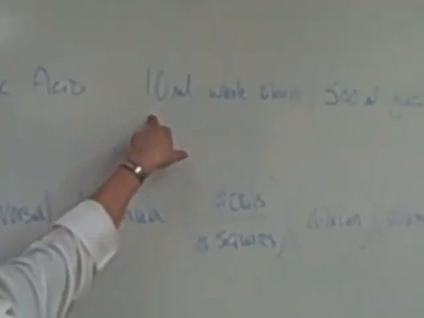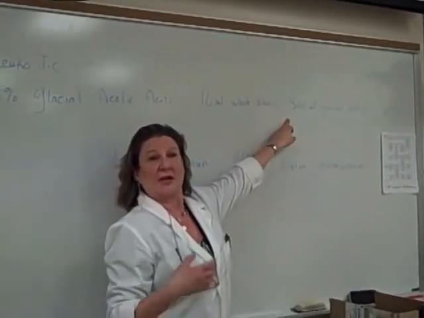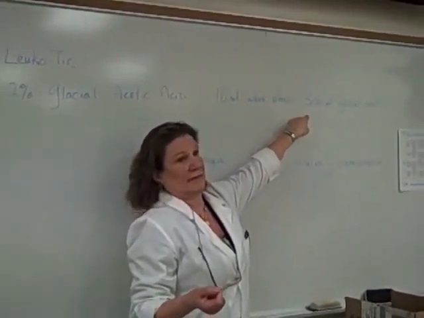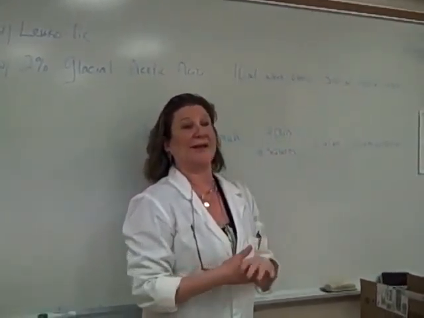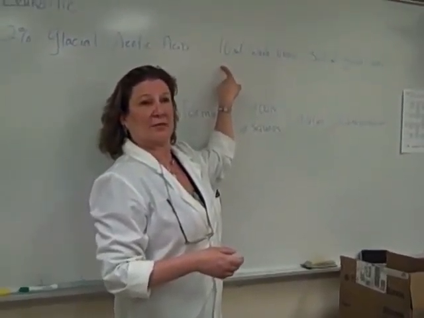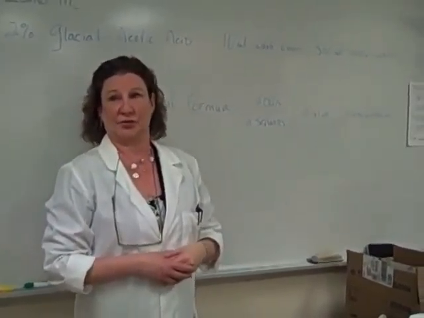That's my ratio, 10 to 500, but that's not my dilution. If you want to figure out your dilution, you add those two together, so it'd be 510 microliters, and divide by the amount of specimen you used. That's how I got my 1 to 50 dilution, okay?